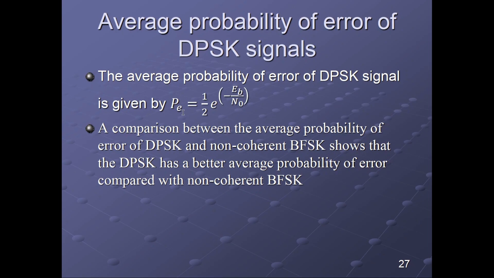So if your application requires high reliability with low complexity, which modulation do you use from the following? Differential phase shift keying, or non-coherent frequency shift keying? Which one? This is a question in the exam.